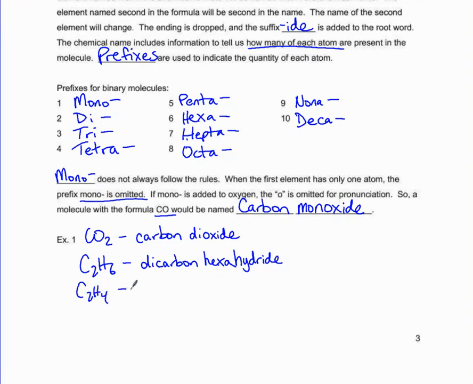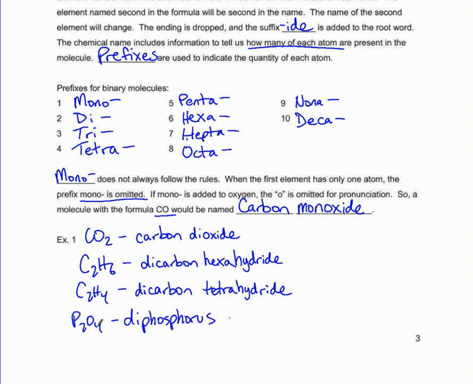Here's C2H4, 2 carbons. There's dicarbon, and 4 is tetrahydride. We've got more, so P2O4 would be 2 phosphoruses is diphosphorus.